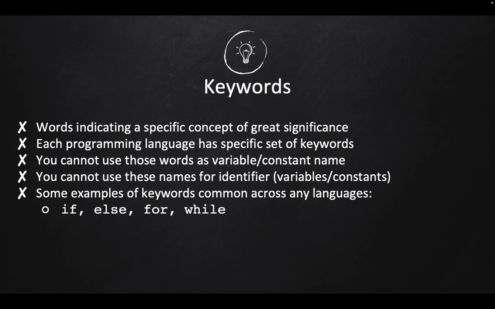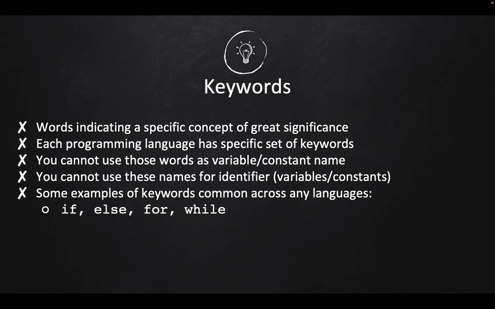For example, in the real world, we use lots of English words, right? Just consider any English word. Let's say human. Human means human. You cannot change the meaning of human to tiger or dog or something like that, right?